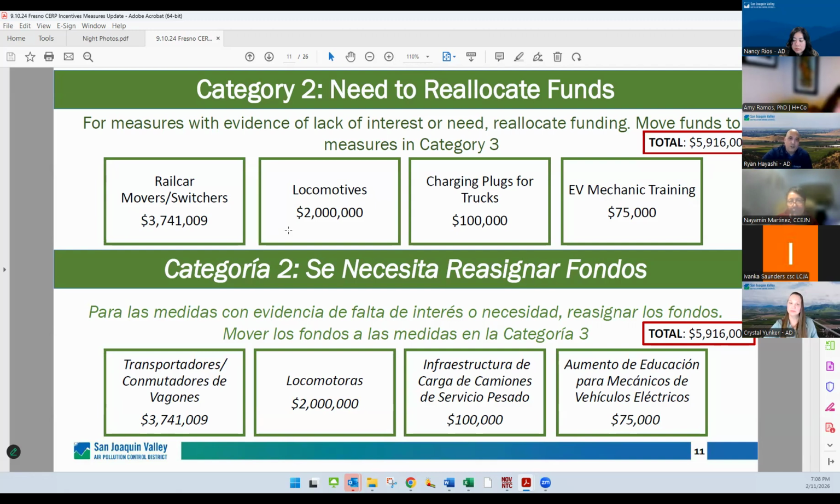We were successful in doing one with one company within the boundary, and we've reached out to others that have them, but for a whole host of reasons, there's not the desire or opportunity to move forward. We still have $2 million remaining of locomotive funding. When we first adopted the CERP, we said we were going to remove the $4 million we had initially allocated because of the understanding that the majority of those emissions didn't happen within the boundary. So we're still looking for opportunities to move that.